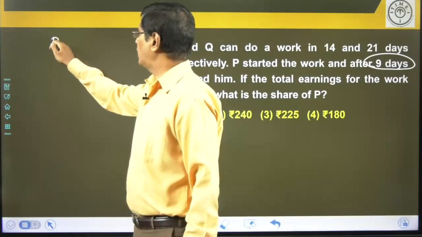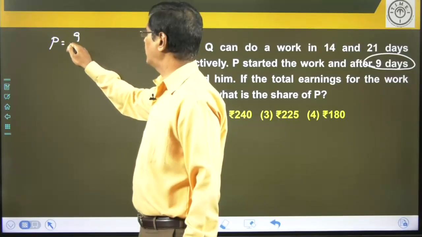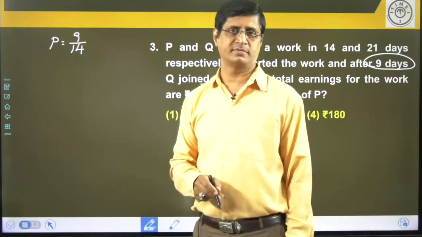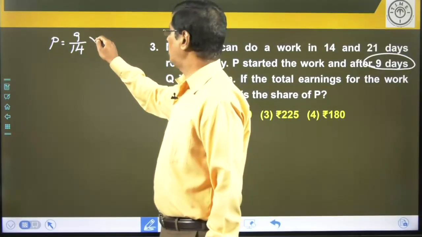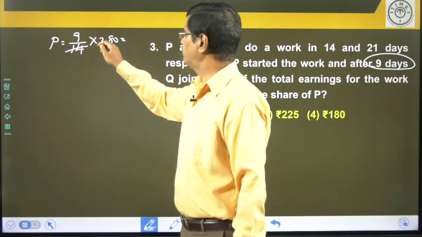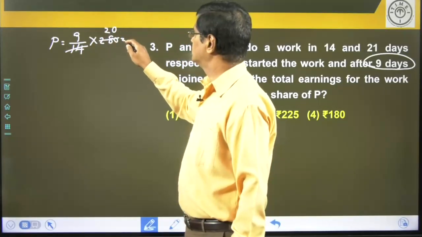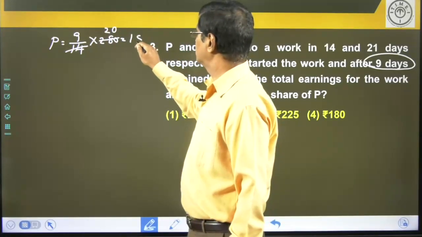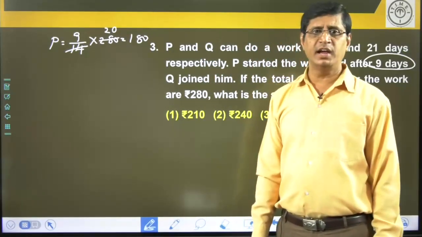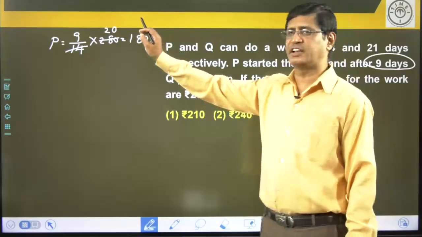P alone worked for 9 days, which means he will finish 9 by 14th part of the work. So, what amount will he get for that work? Simplify, it goes exactly 20 times. So, this is 180 rupees. P is earning 180 rupees for the first 9 days.